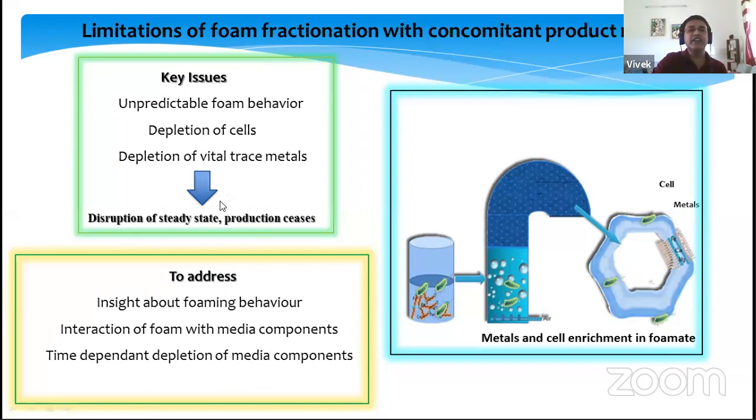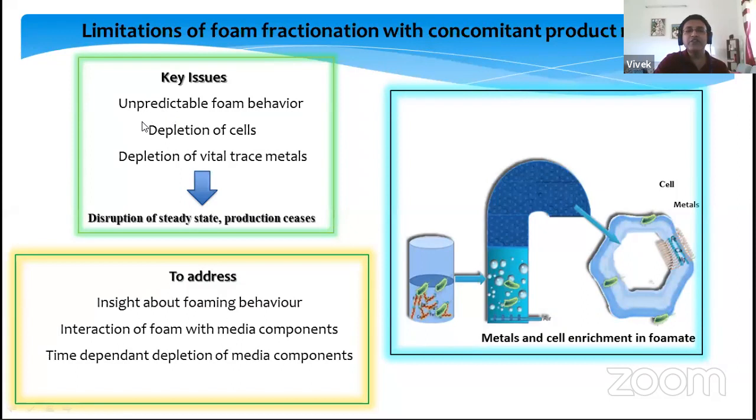Okay, but there are some limitations associated with the foaming process. One is the unpredictable foaming behavior. As soon as the foam is generated, you don't know what would happen to its dynamics. As it is produced, the foam will immediately collapse. Depending upon the concentration of biosurfactant, the dynamics of the foam would change.